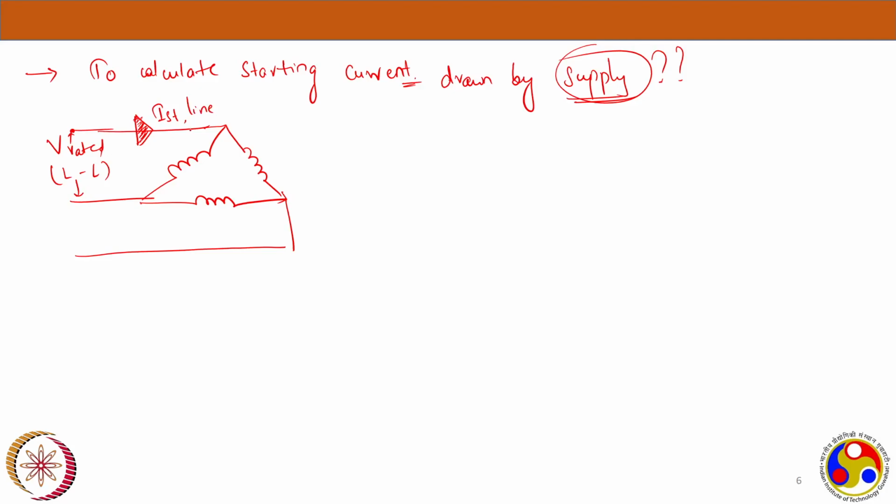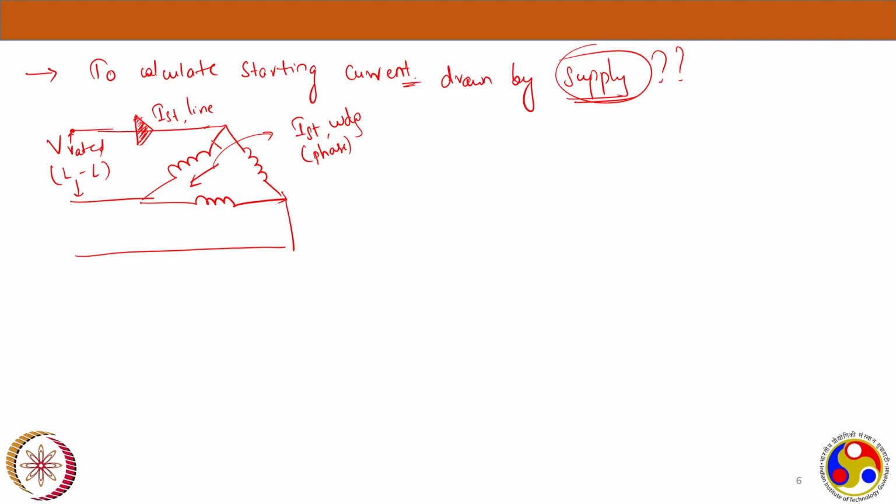But this is the current that is flowing through the windings. I will write this as I starting, the current drawn by the winding, or you can say this is the phase starting current, because this is a line current and some current will flow through this winding. That is the winding starting current or phase current.